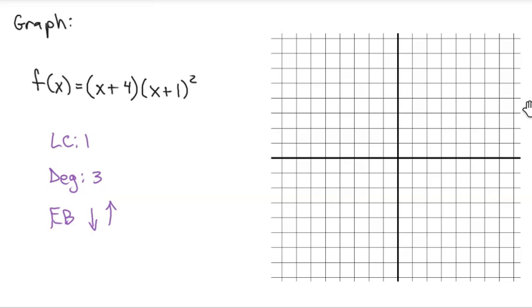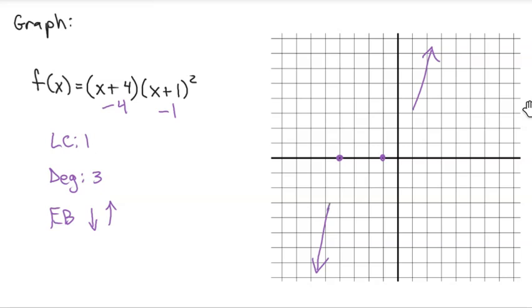Our zeros here are -4 with a multiplicity of 1, and our root here is -1 with a multiplicity of 2. So that's an even multiplicity. Let's go ahead and plot -1 and -4. We know that on the left it's going to be pointing down, and on the right, I'm going to put it over here because it's closer to the -1, it's going to be pointing up.